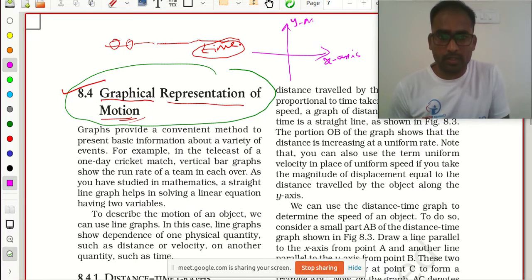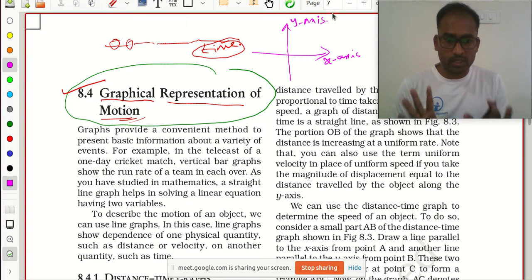This is our graph, and I need to show what I am doing here. I am traveling from A place to B place, and I am covering some distance with respect to my time.